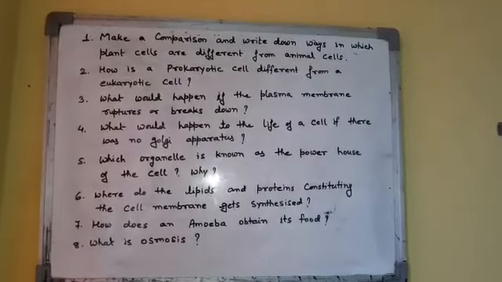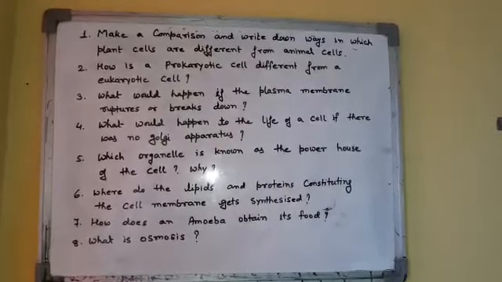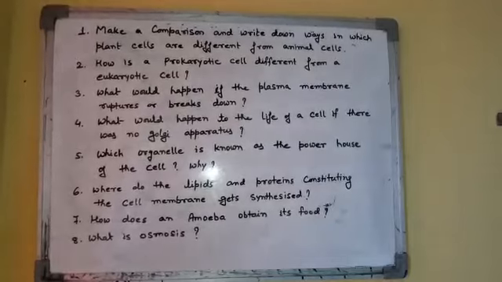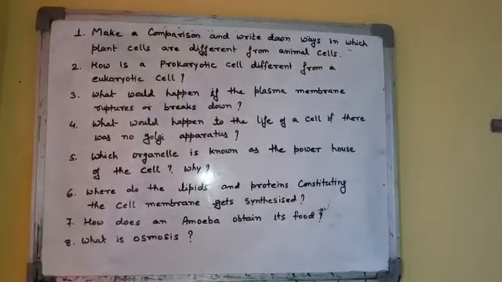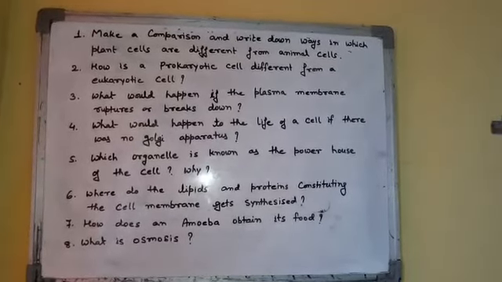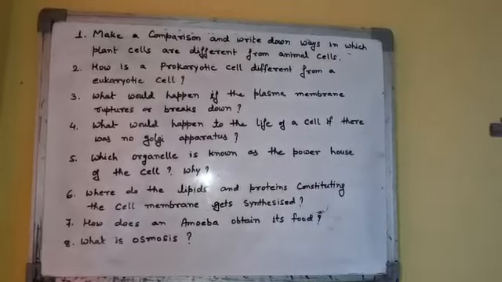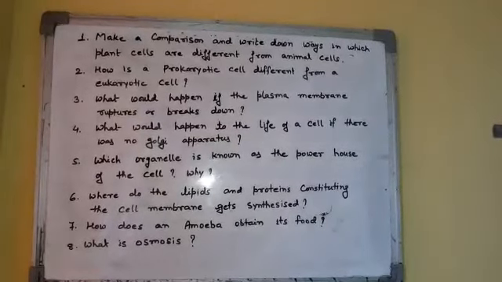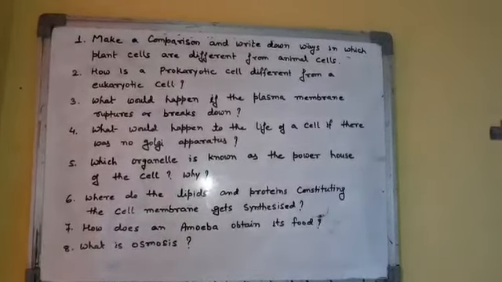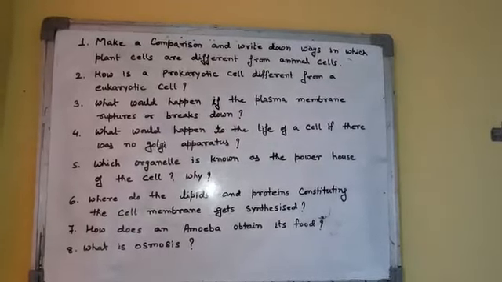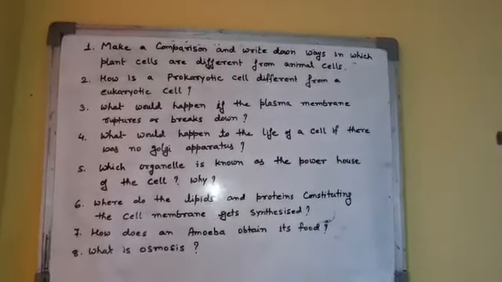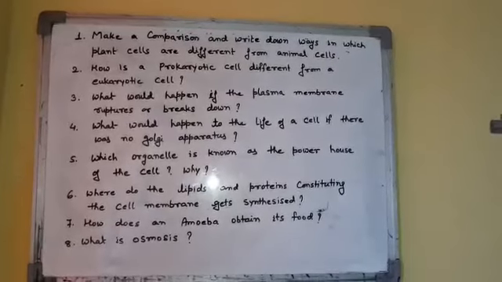Also you will differentiate on the basis of membrane-bounded cell organelles, whether these are present or absent, number or type of chromosome, DNA, size of the cell, etc. So in that manner you will differentiate between a prokaryotic and a eukaryotic cell.